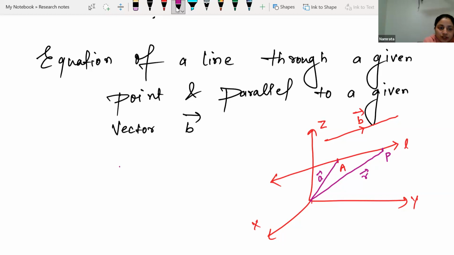So the equation of the line will be lambda B is equal to R minus A, where B is the parallel vector, R is representing any random point P on our line L, that is its position vector, and A is the position vector of the point A.